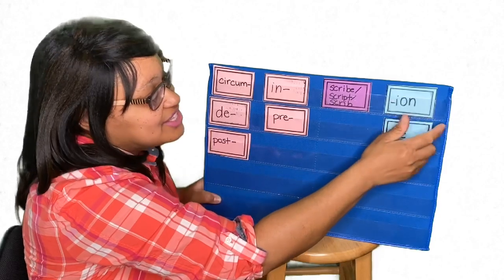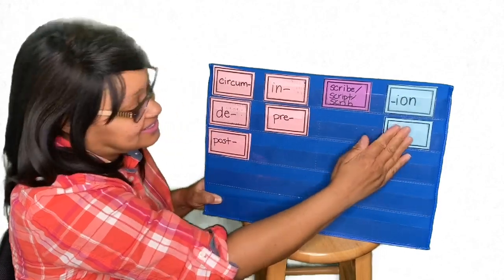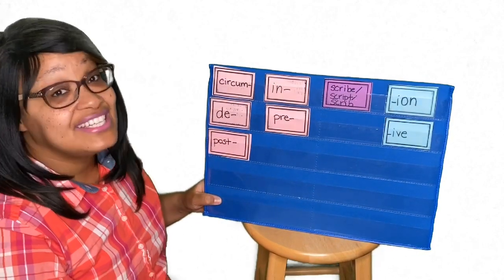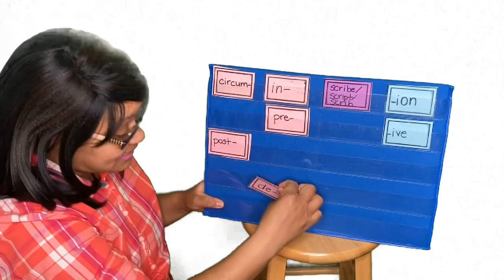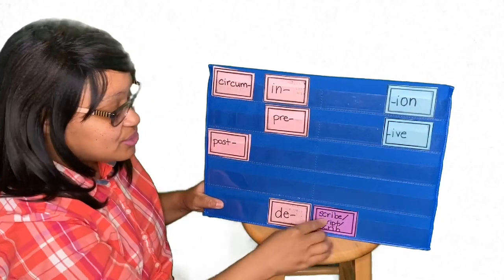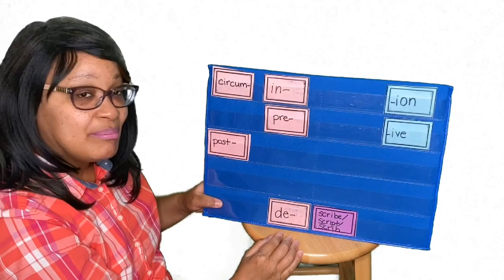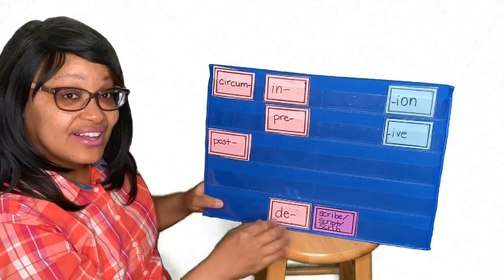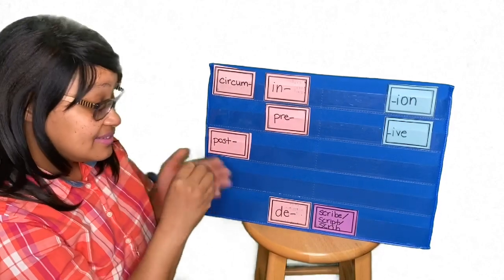Okay, so now we have our prefixes, our root, and our suffixes. So let's make a word. Let's make describe. Describe. So we have de and then scribe. Describe. And we can probably use the American Sign Language symbol for scribe. Maybe write is scribe.